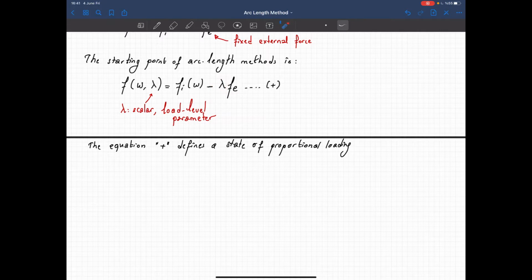Now this gives us an additional parameter, so we have more space to play with, but at the same time I need an additional equation to determine the value of this lambda.